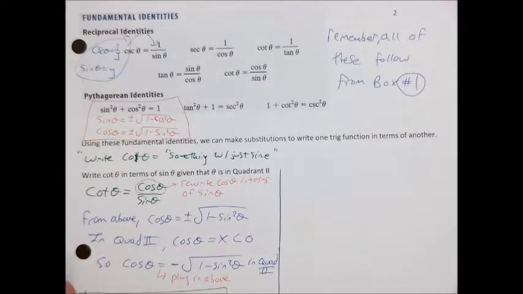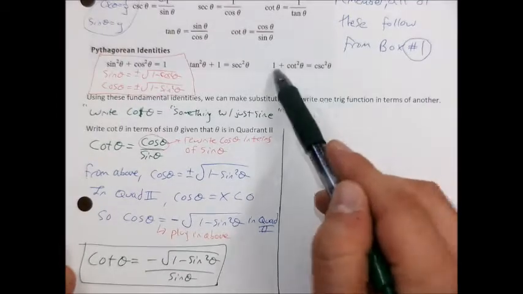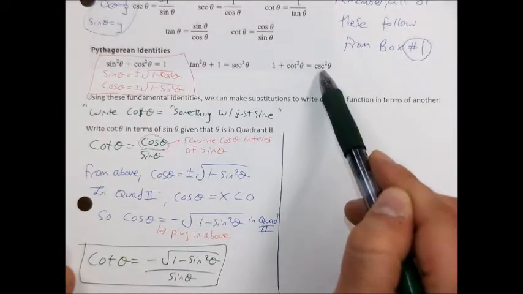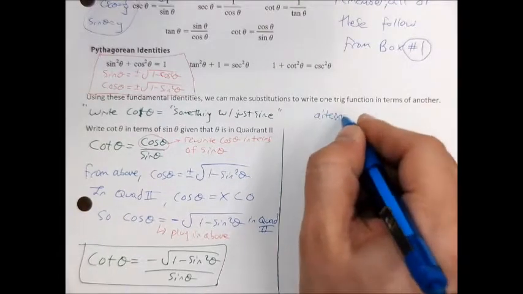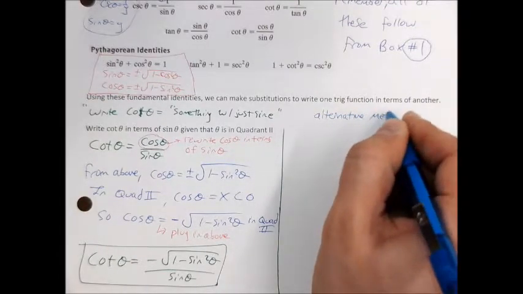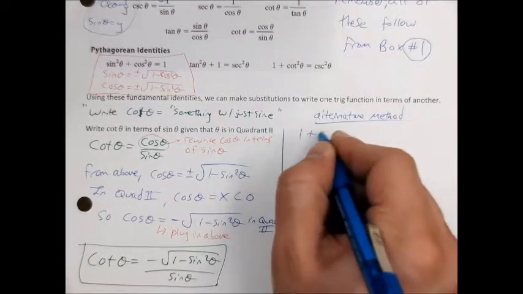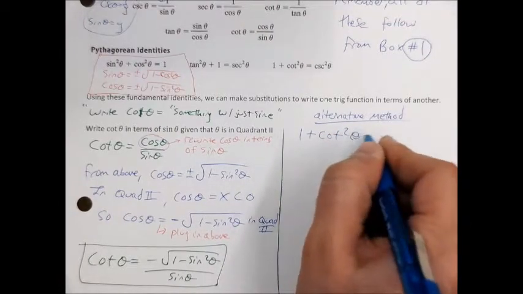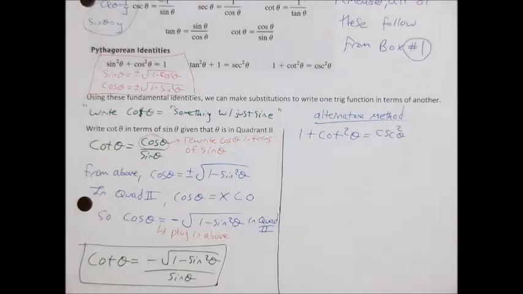And so I just want to show you a different way to do this one. Let's say we started with this identity instead. And so let's look at an alternative method that will get the same answer, but just using different substitutions. So let's say we started with that Pythagorean identity that says 1 plus cotangent squared equals cosecant squared.